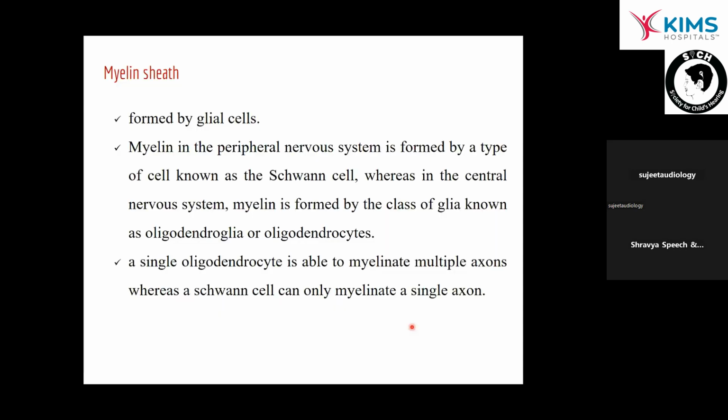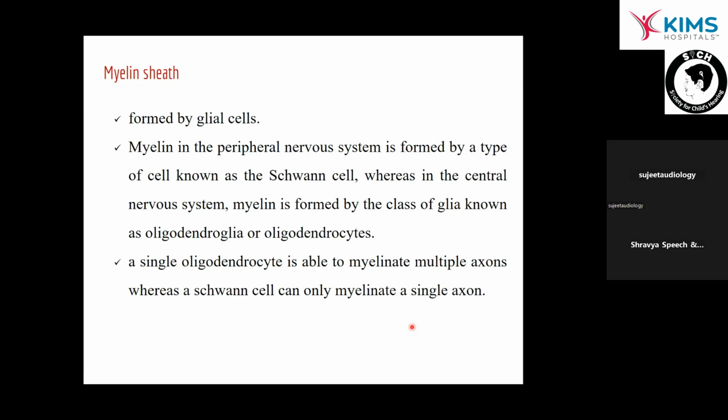Now what you have to understand is that the myelin sheath, as I said, is one of the important aspects of the neuron. These myelin sheaths are basically formed by glial cells. There are two types of glial cells: one is called Schwann cells and the other is called oligodendroglial cells.